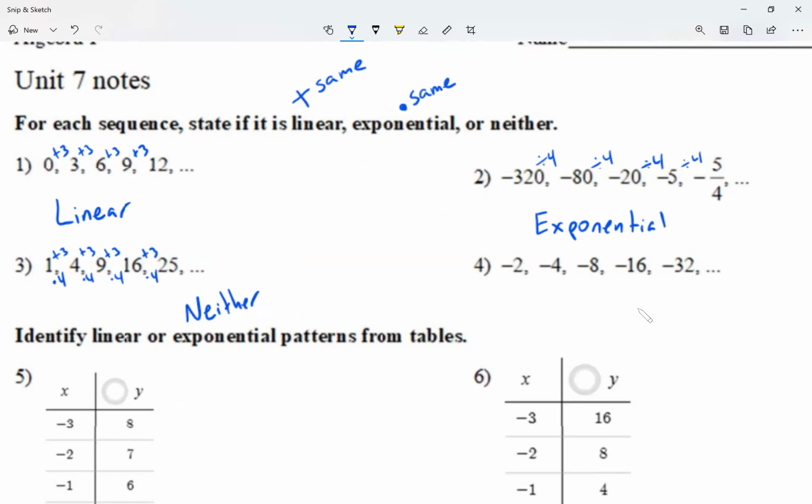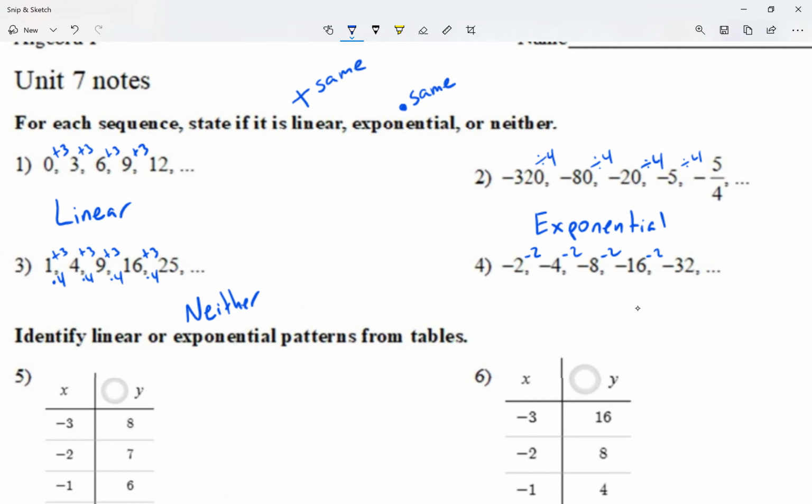I want to check linear. I ask myself, in order for -2 to become -4, I have to subtract 2, right? -2 minus 2 is -4. So I'm going to write -2 all the way to see if it's linear. -4 minus 2 is not -8, so it doesn't work. It's not linear. Let me check if it is exponential, multiply or divide by the same thing.